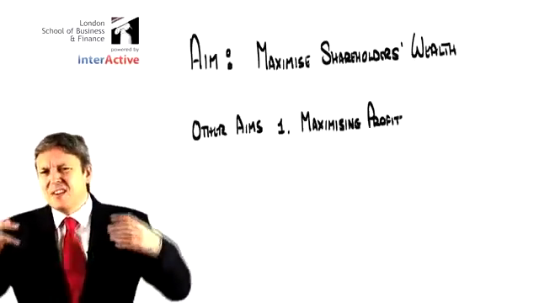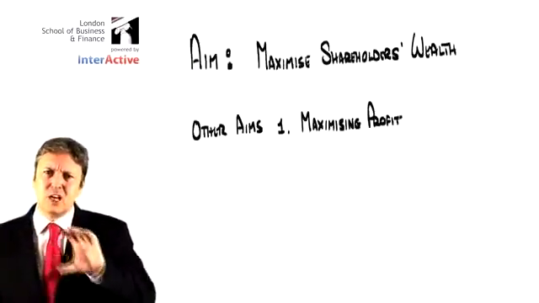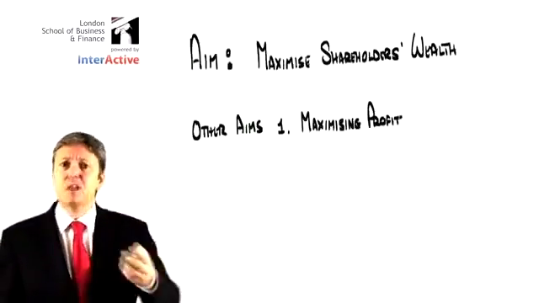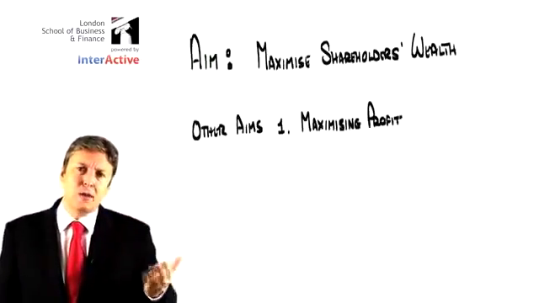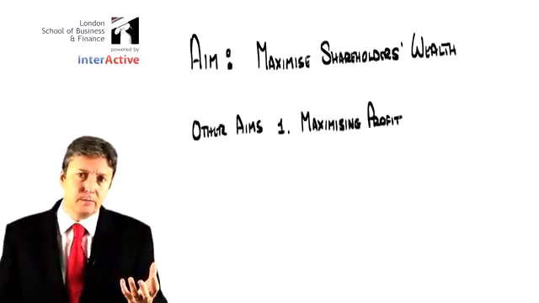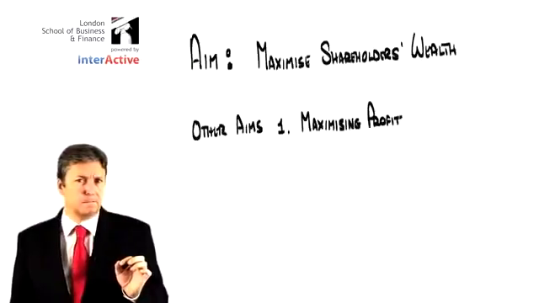Well, the answer is yes. There is some link between the two. If a company consistently generates its maximum profits, we would expect that to feed through in some way to the wealth of the shareholder. But there are two issues that maybe we could consider here.